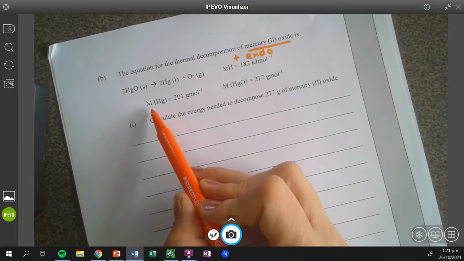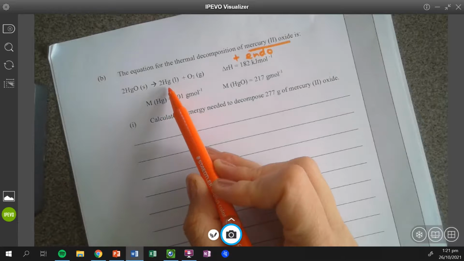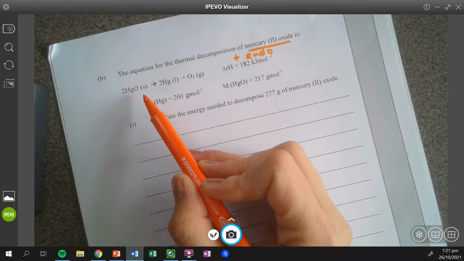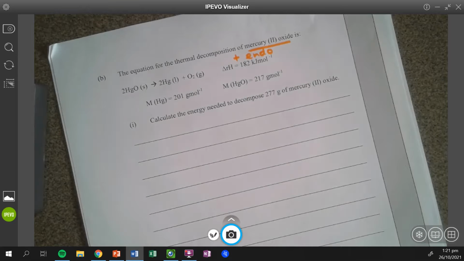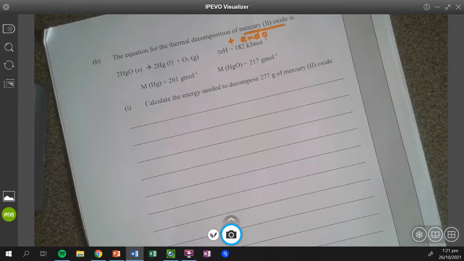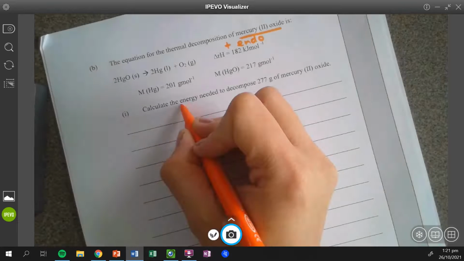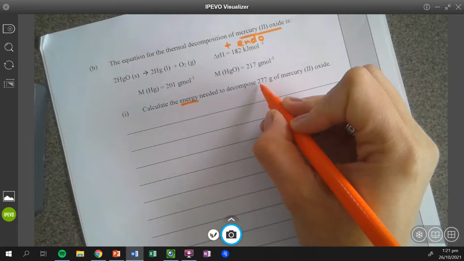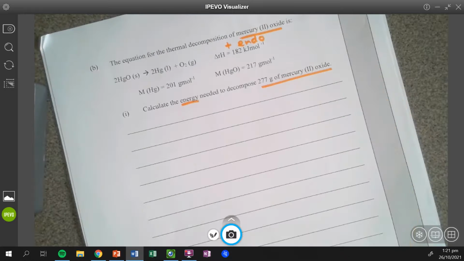I've been given the molar mass of mercury. I've given the molar mass of mercury oxide. They haven't given me the molar mass of the oxygen gas, and I'm guessing it's because you don't need it. They want you to calculate the energy needed to decompose 277 grams of mercury oxide.